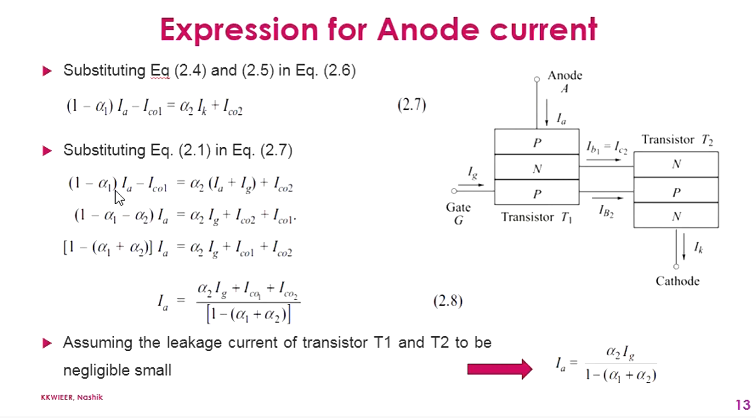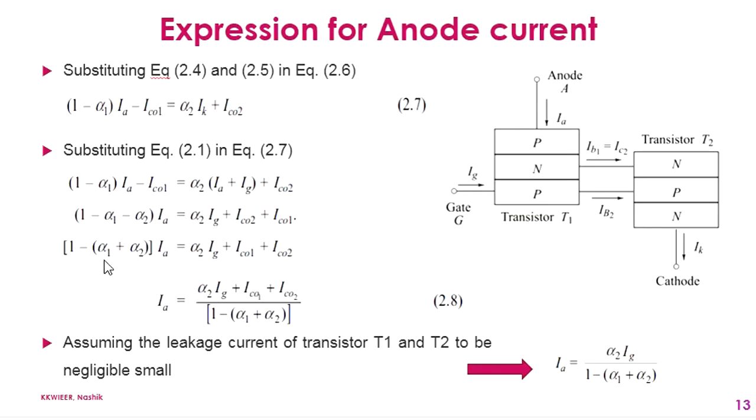So (1 minus alpha 1 minus alpha 2) IA, and the minus ICO1 will become plus ICO1. On the right hand side we get alpha 2 IG, as alpha 2 IA we have kept on the left hand side, plus ICO2, and the minus ICO1 will come here as plus ICO1.